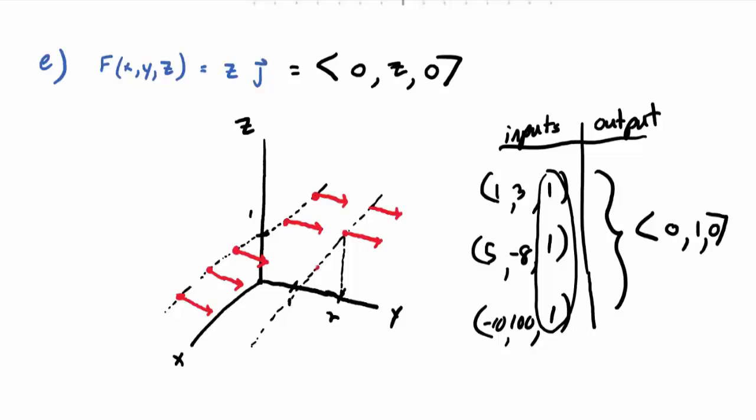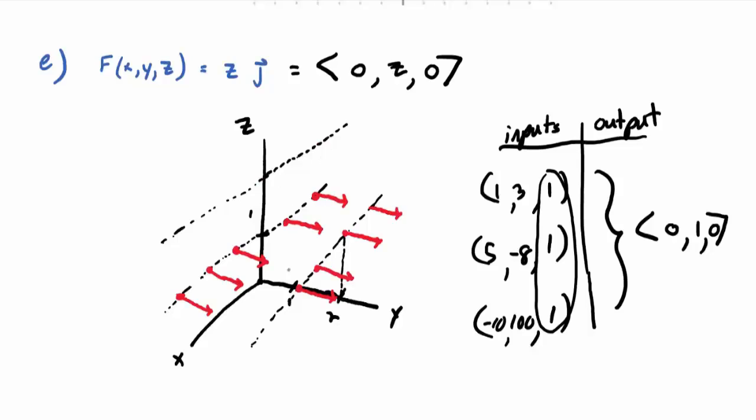So they're copies of j, essentially, the way I've done it here. But if you went up to a height of 2, and I'll just do along this line at a height of 2, then all the vectors would be 2 units long.